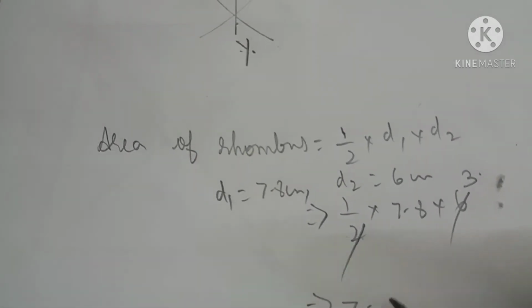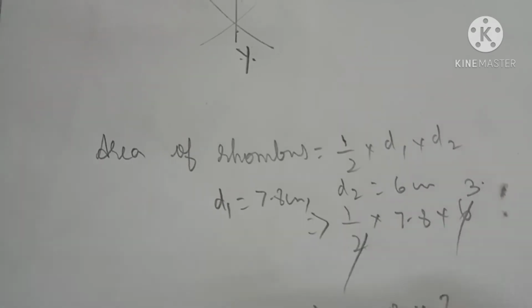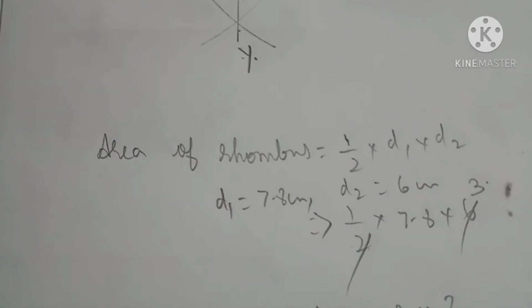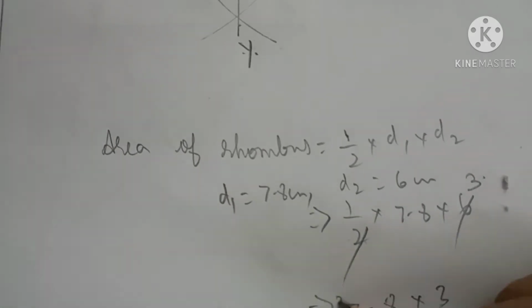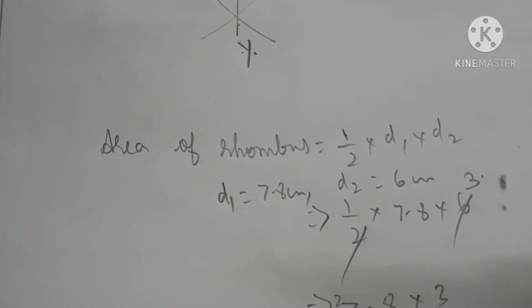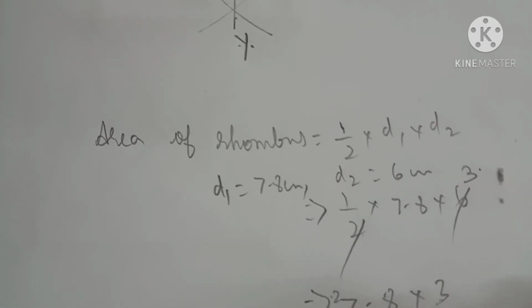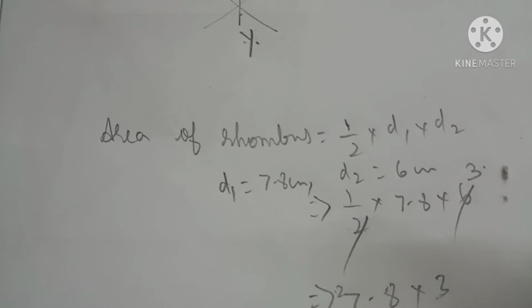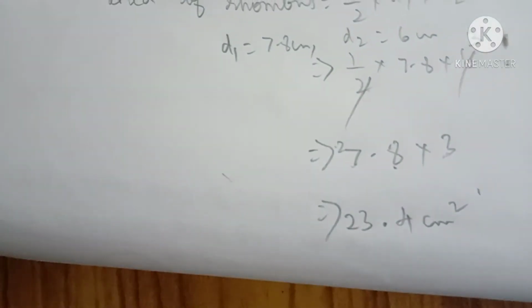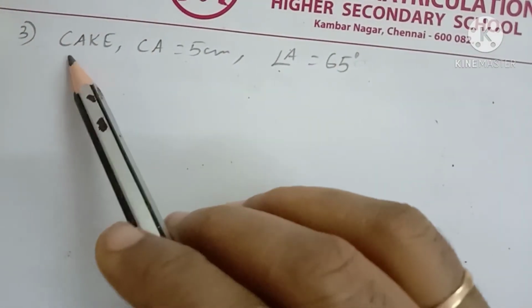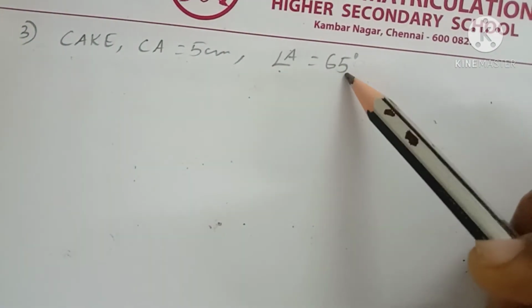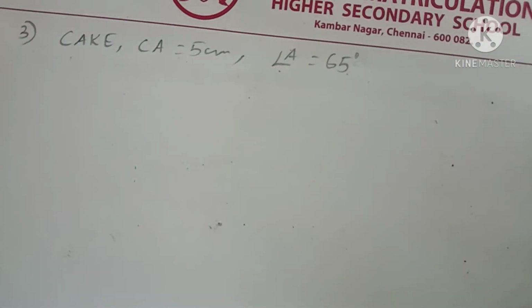Therefore, 7.8 into 3. 3 8s are 24 carry 2. 3 7s are 21. 21 plus 2 is 23. So, 23.4 centimeter square.